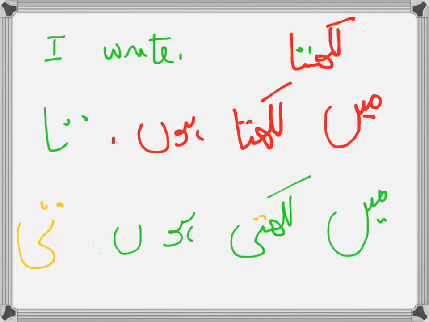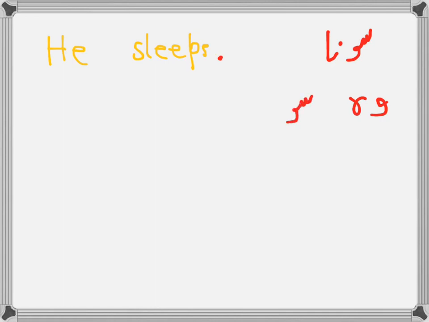Let's take example with other pronouns. Let's suppose we say he sleeps. So in Urdu we will say, and sona is the verb. He sleeps, वो सोता है.